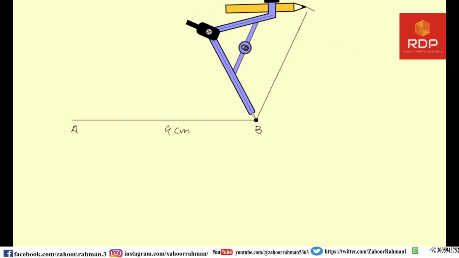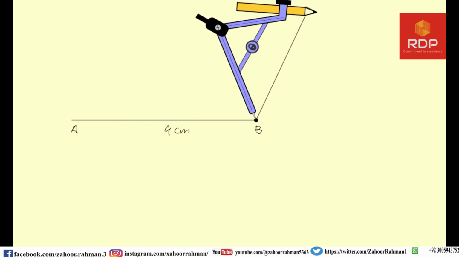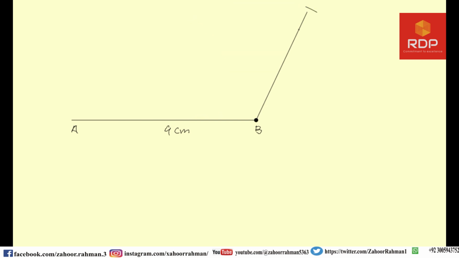So there will be a 6 centimeter arc, but first I have to increase this line, which is 6 centimeters. So let me increase this line. It will be overlapping, but it will serve our purpose. So I am writing 6 centimeter here.